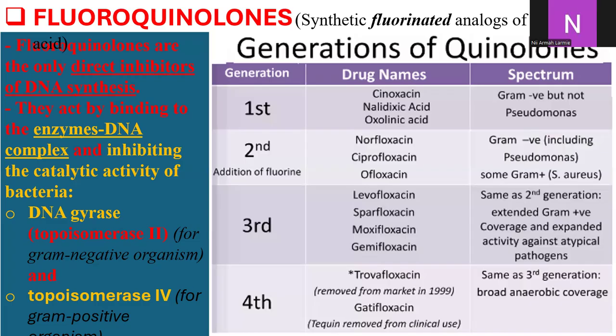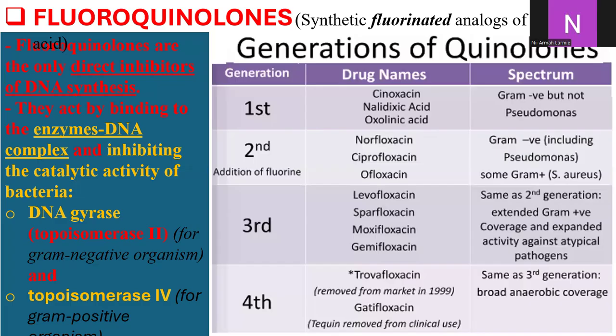Now, when it comes to gram-negative and gram-positive organisms, these fluoroquinolones act as direct DNA synthesis inhibitors. And 2 main enzymes are used depending on whether it's gram-negative or gram-positive.